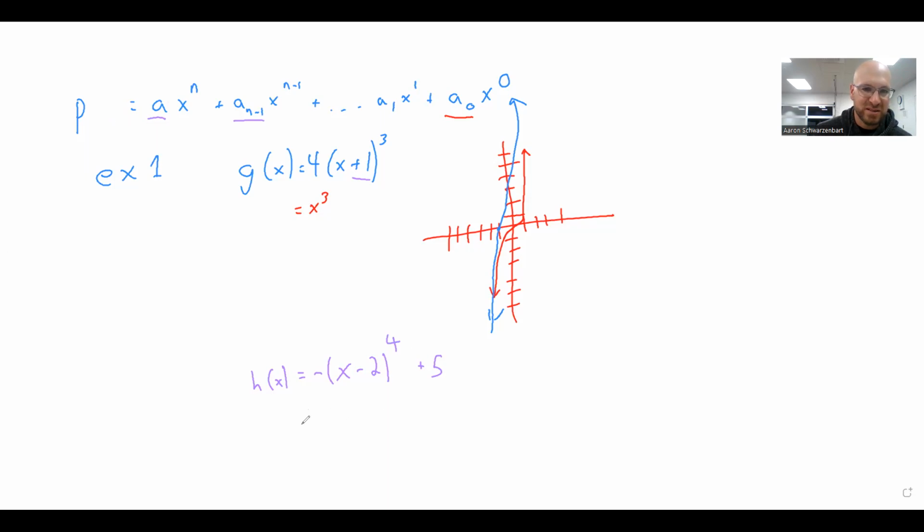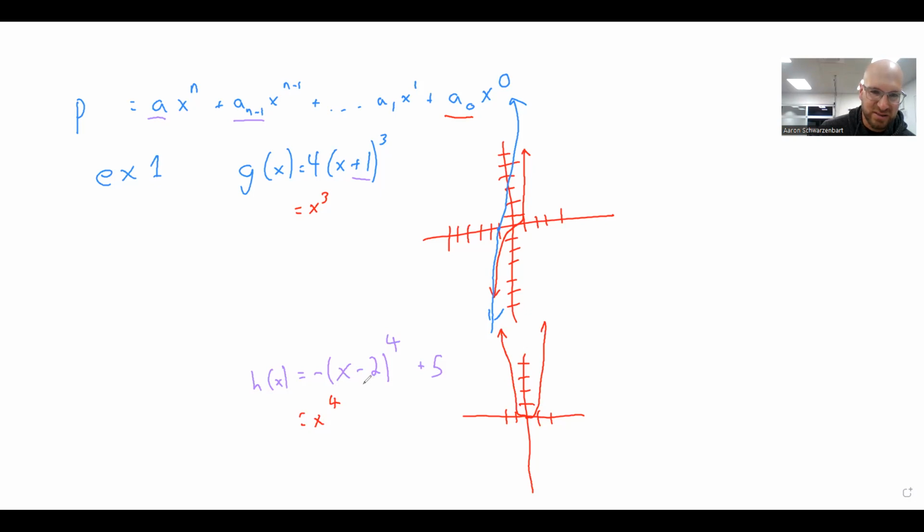So this looks like an x to the 4th, which is going to look like, again, we're doing sketches, a flatter bottomed, sharper shape. It looks similar to a quadratic, but not quite.